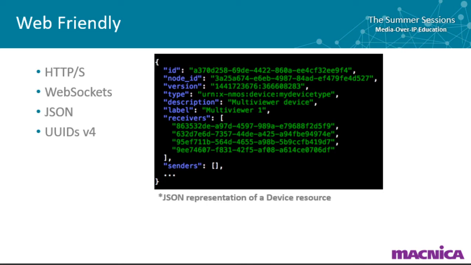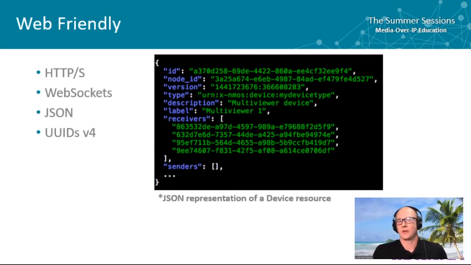Now, it's not to say that the other APIs out there aren't accessible, but I know that I can probably throw a rock and hit a web developer that could understand how the NMOS API works just by looking at the familiar JSON object files and the very strictly RESTful API that they've developed. So really, at this day and age, it doesn't get any more accessible than that.